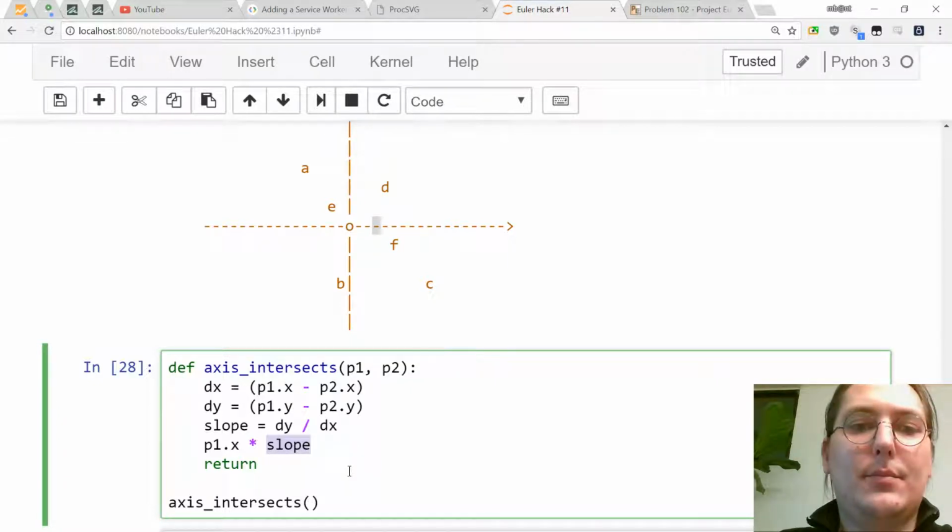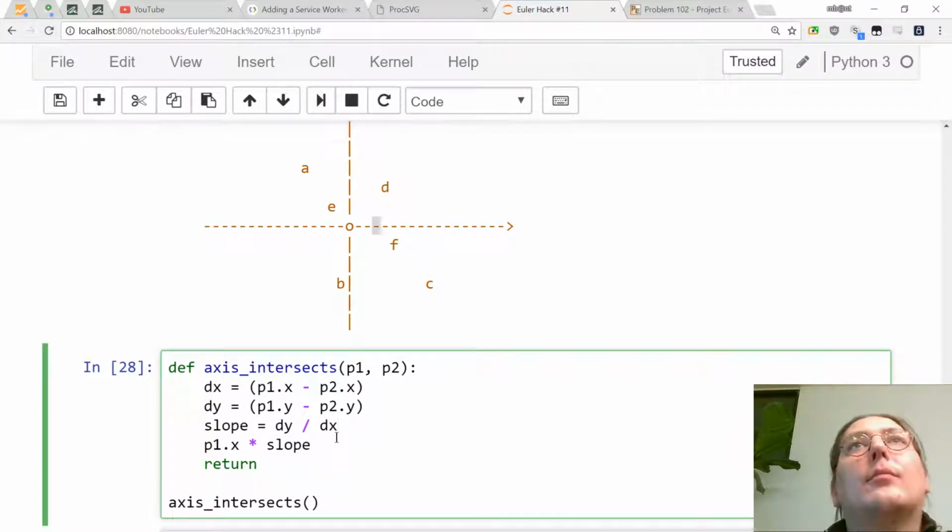And then this line should be written as slope multiplied by x plus b, which would be this point. And small b is the intersection of the y-axis.